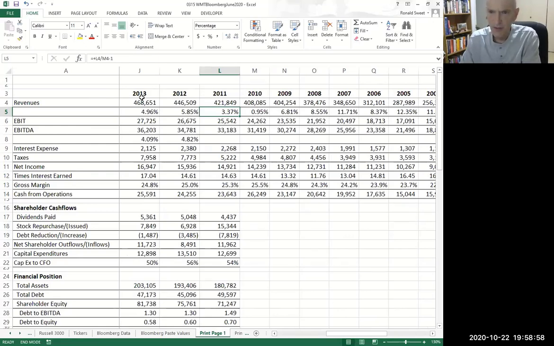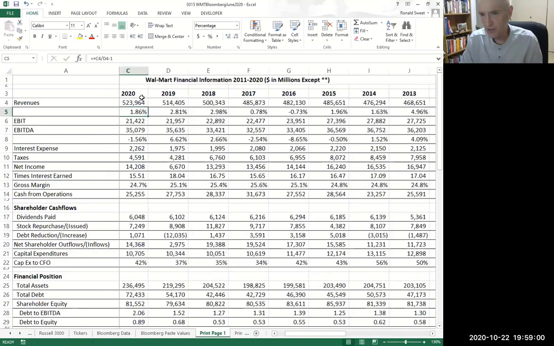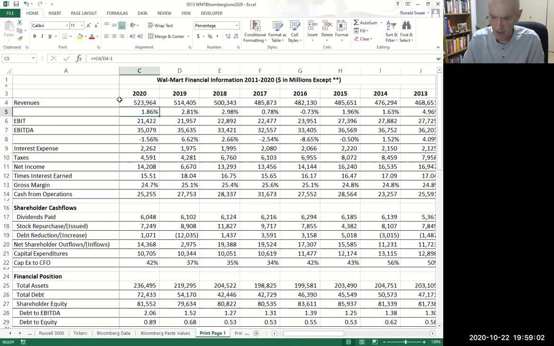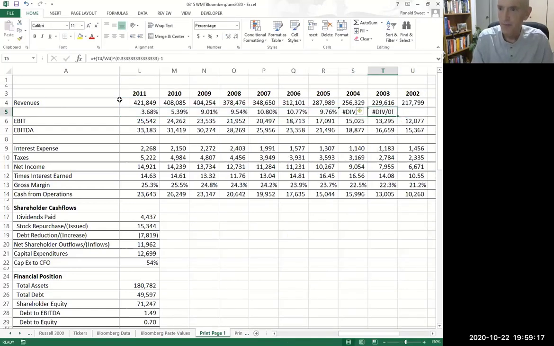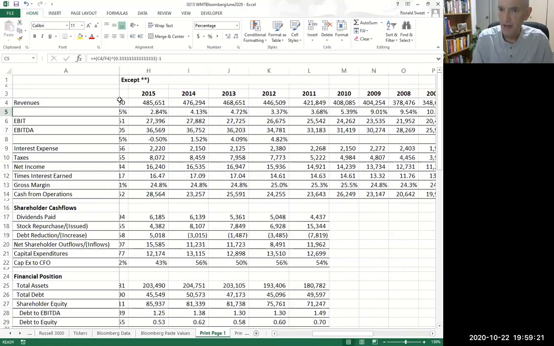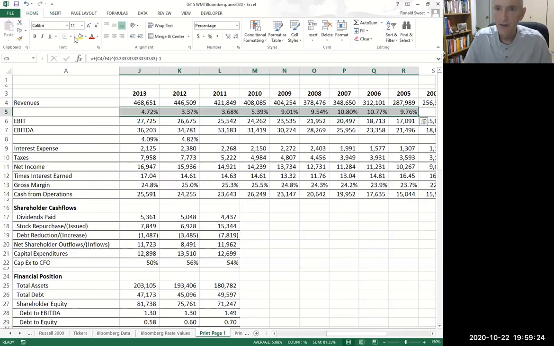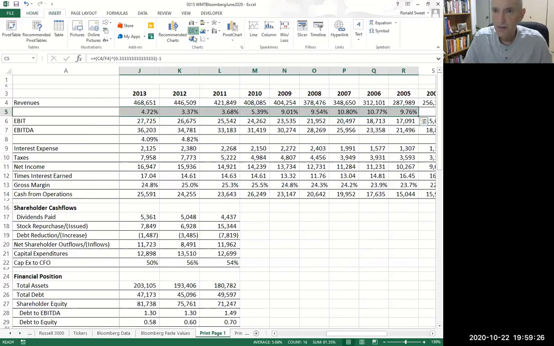If you want to, you can look at 3-year growth rates. To do 3-year growth rates, you just do this year divided by 4 years ago, not 3 years ago, but 4 years ago. Raise that to the 1 divided by 3 power, minus 1, and that gives you your three-year growth rates. Then you can graph that and see what's going on with your company.